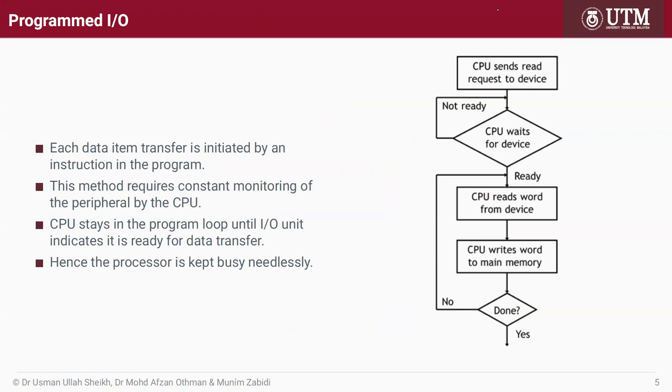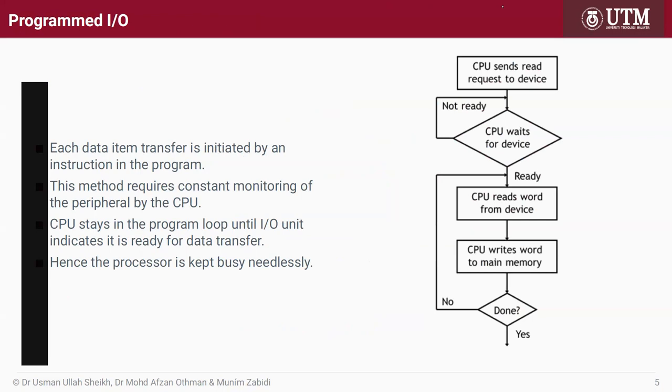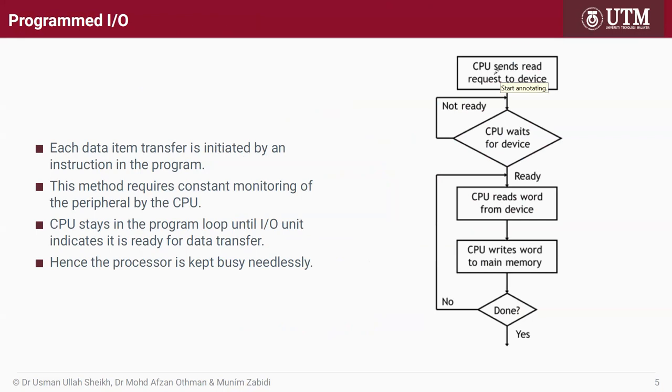In this kind of input output programming, the CPU is faster than the device, so the CPU must monitor the device constantly. So we have a wait loop, sometimes called the busy loop or spin loop.